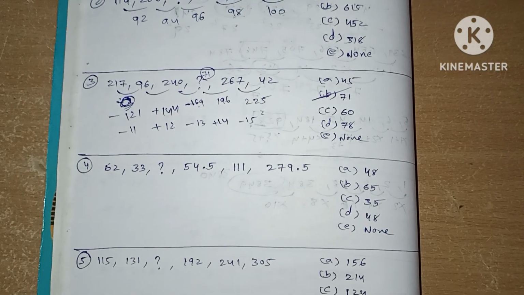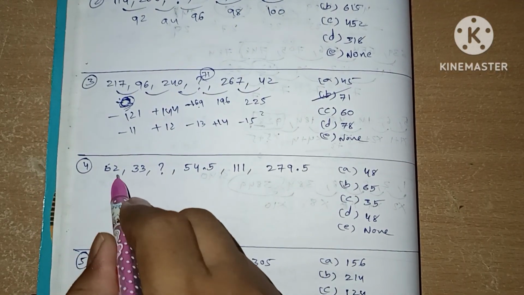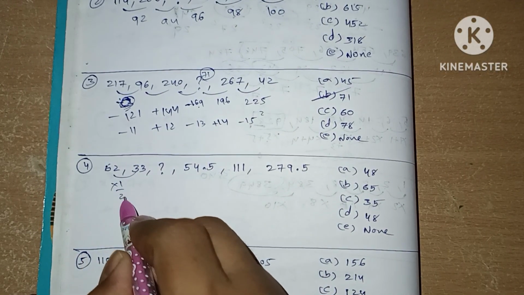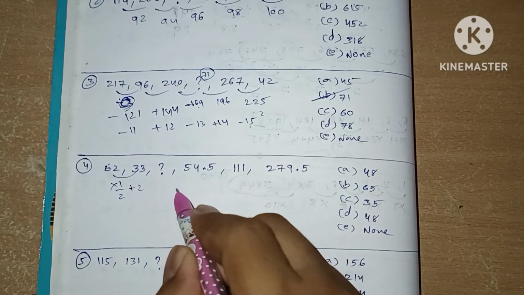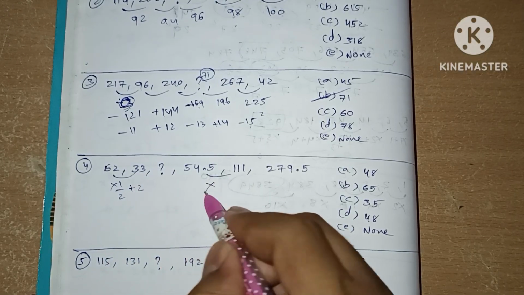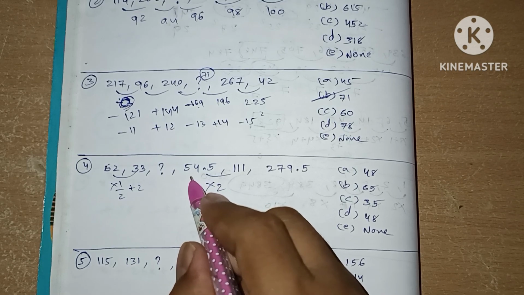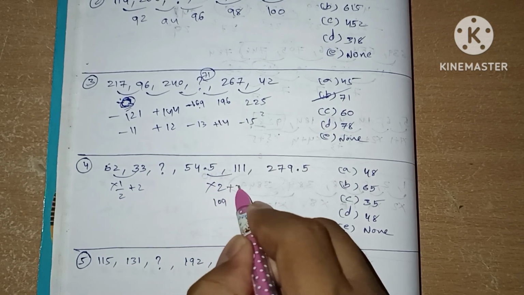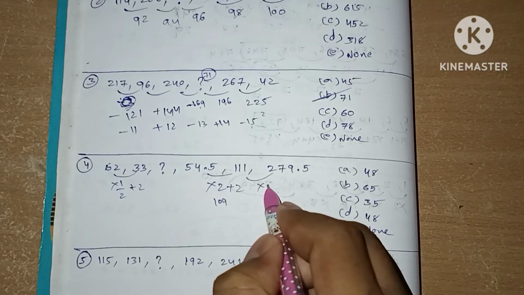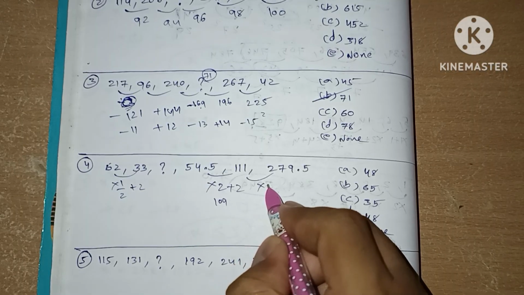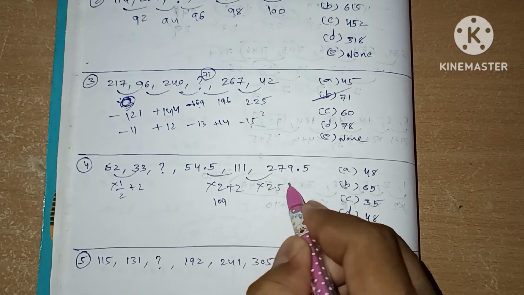Next, here we see half times will be 31 plus 2. Here it is into 2 times, which will be 5108 plus 9109 plus 2. It is into 2.5 times.